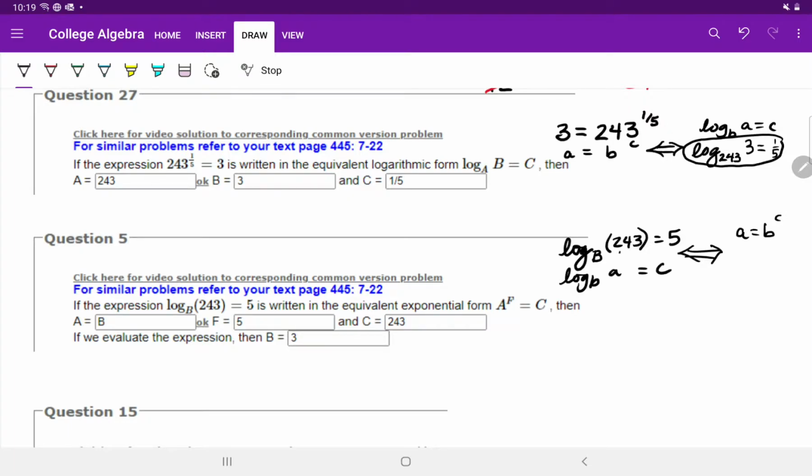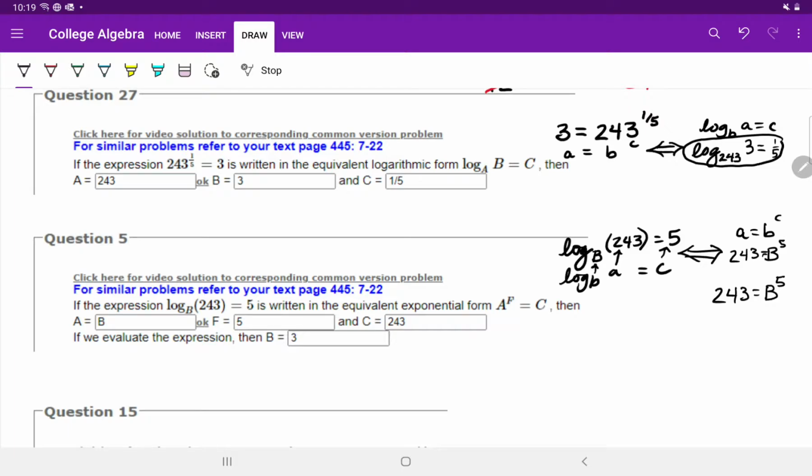Well, a is 243. B is capital B, that's what they called it, and c is 5, so the exponent would be 5. So we would have 243 equals capital B to the 5th power. That's what we would get if we converted this into an exponential.